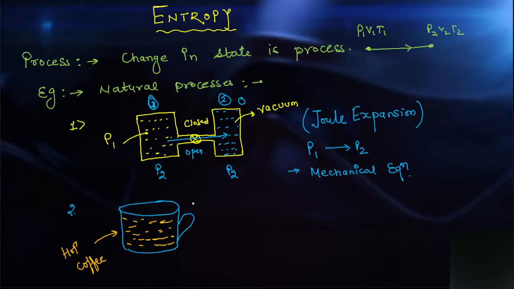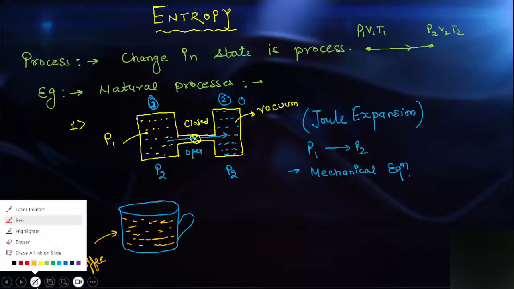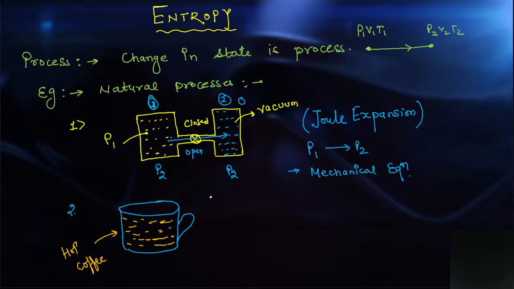Yes or no? Let's suppose the atmospheric temperature is 25 degrees Celsius, and the coffee temperature is 50 degrees Celsius. Heat transfer will be there. Automatically heat will be transferred from the coffee to the surroundings, right? There is no need to do any extra effort.